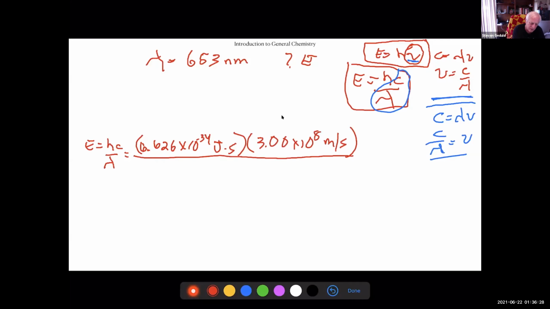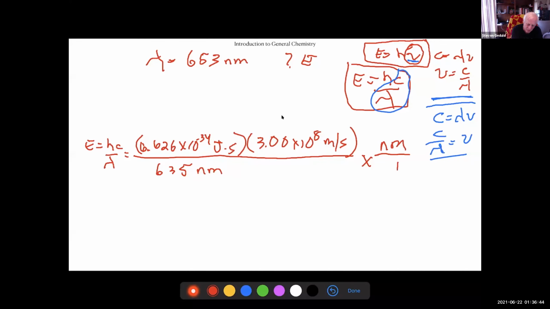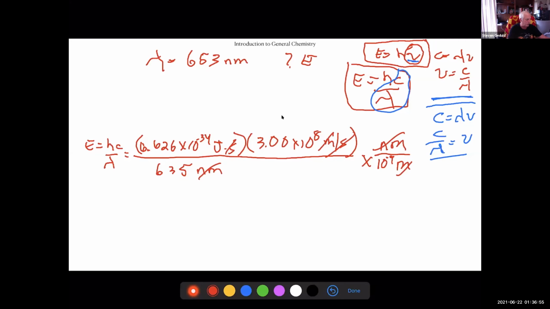And lambda was 653 nanometers. Okay. I got seconds, that'll cancel, but I got nanometers and meters. So to get in the same units, you have nanometers on top and then meters on bottom. Nano is 10 to the minus 9. So now nanometers cancel, meters cancel, seconds cancel. I'm left with joules. Make sure you do your conversions right. Make sure you're canceling nanometers with nanometers and not with meters.